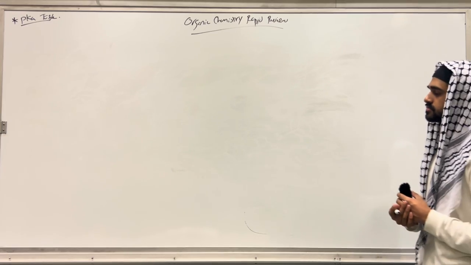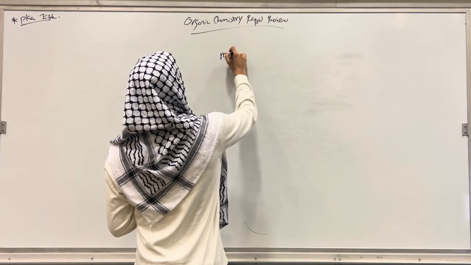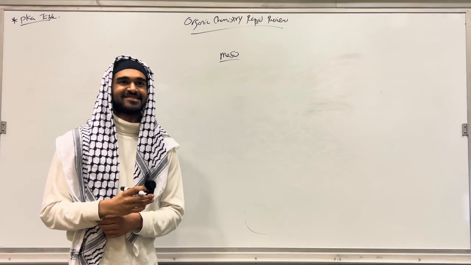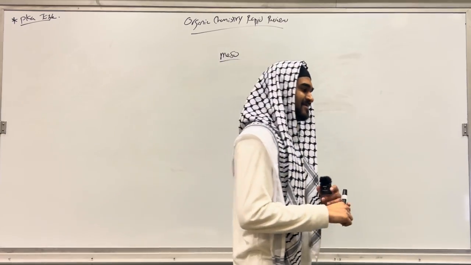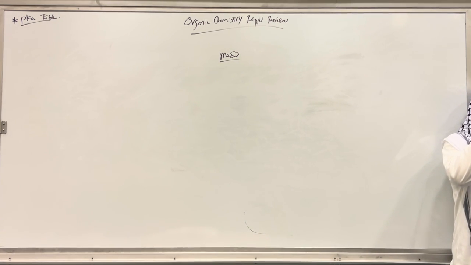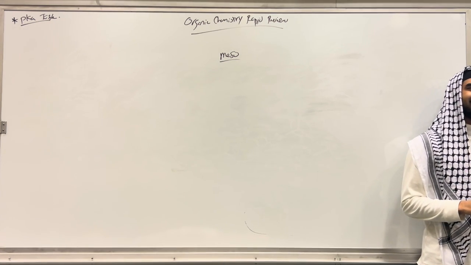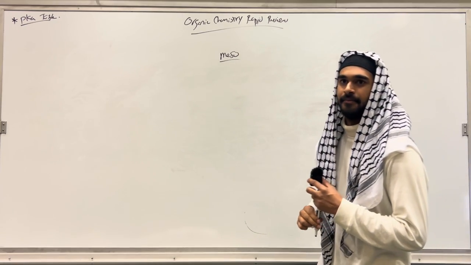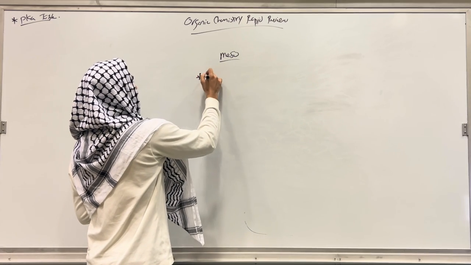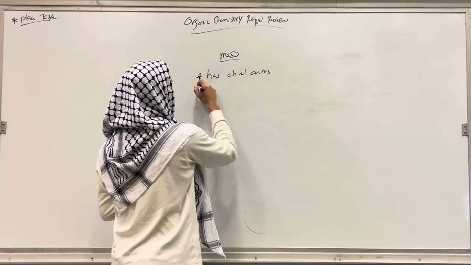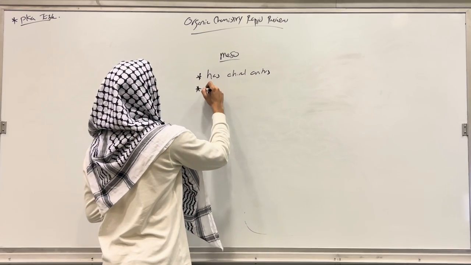What is a meso compound? Isn't that the $1 million question? It's a compound with symmetry. If you rotate it, flip it 180 degrees, it has chiral centers, but is in and of itself achiral.